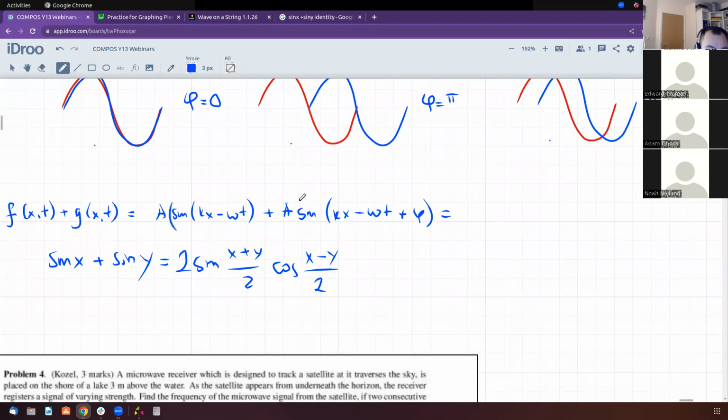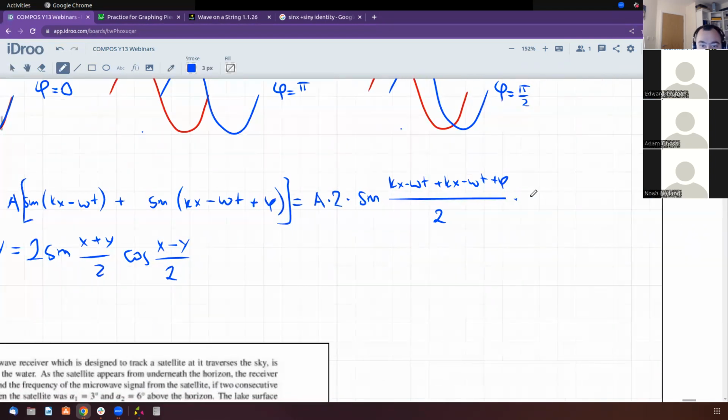A goes out of the brackets like this. So it's going to be A multiplied by 2 multiplied by sine of kx minus omega t plus kx minus omega t plus phi, over 2, multiplied by cosine of kx minus omega t minus kx plus omega t minus phi, over 2.